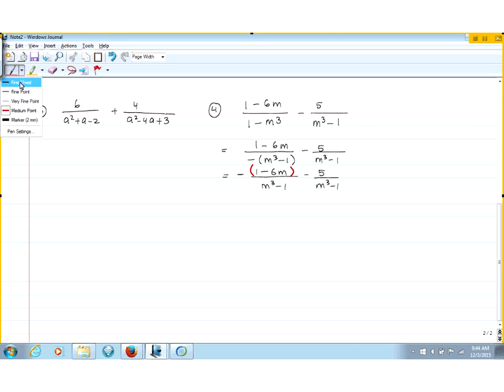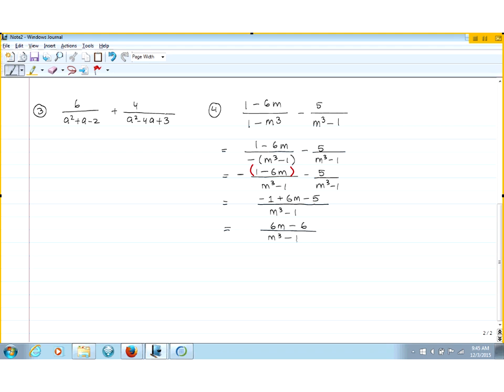All right. So this is m cubed minus 1. So what do you have on top? Negative 1 plus 6m minus 5. So this is 6m minus 6 over m cubed minus 1.